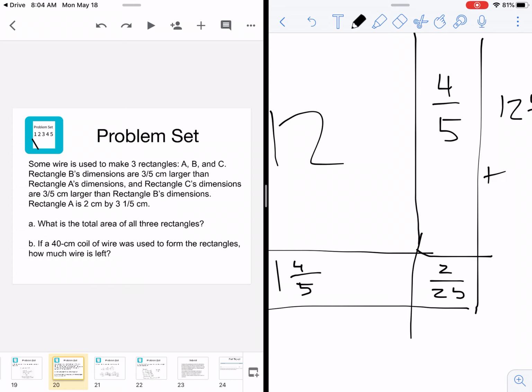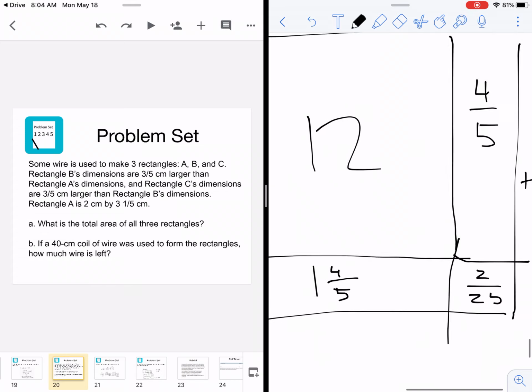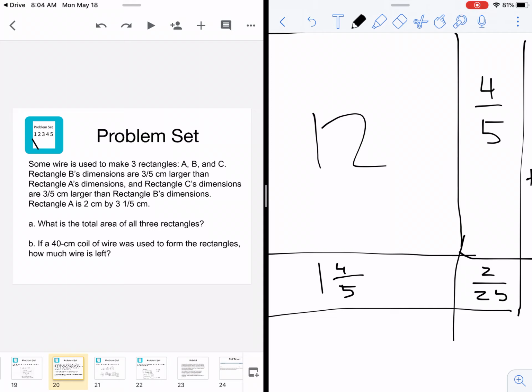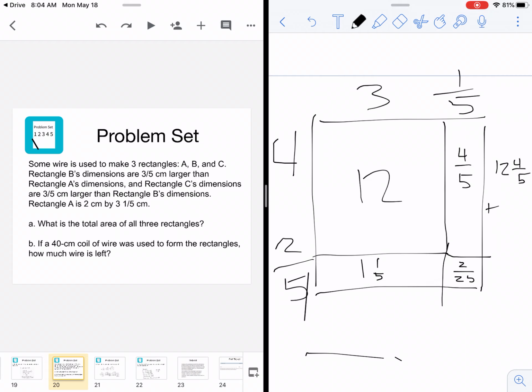Or maybe it's 1. 2/5 times 3 is 6/5. I'm sorry. Because 2/5 times 3, 2 times 3 is 6. We have 6/5, which gives us 1 and 1/5. So, my bad. So 1 and 1/5.